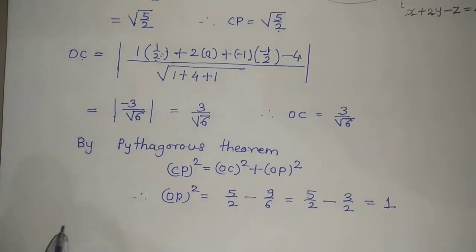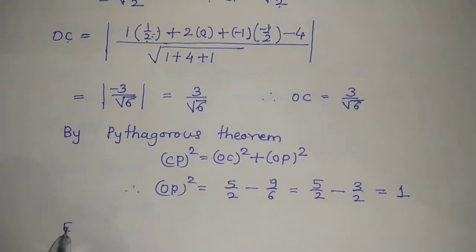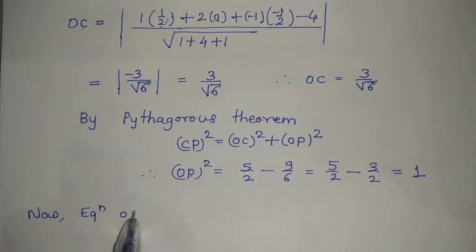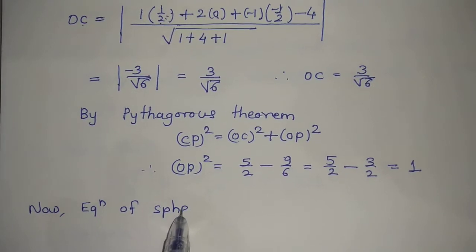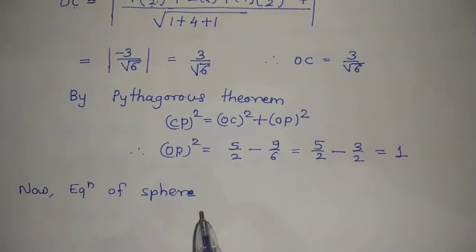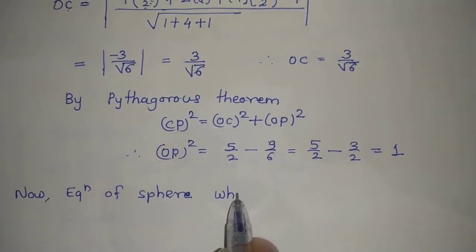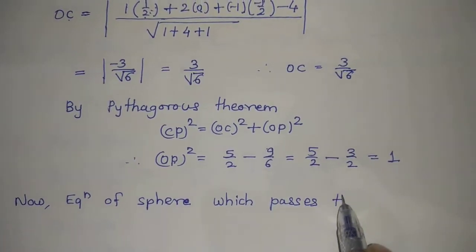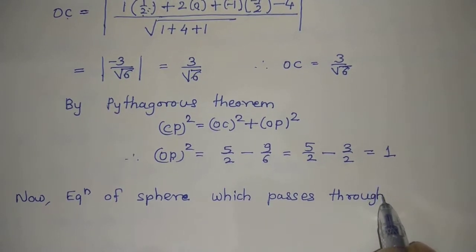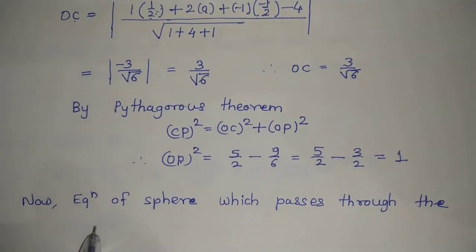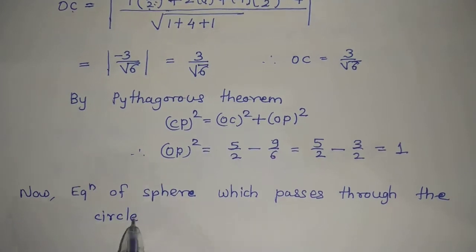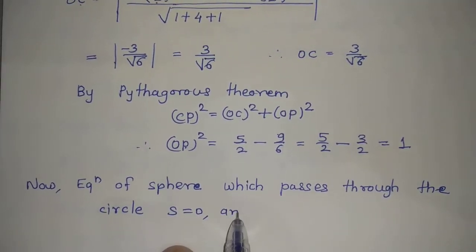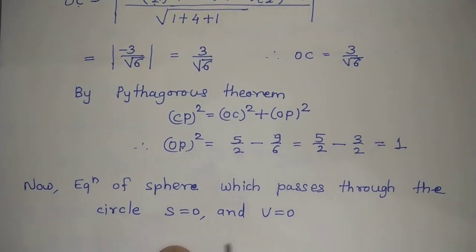Now the equation of the sphere which passes through the circle which is given by the equation S is equal to 0 and U is equal to 0.